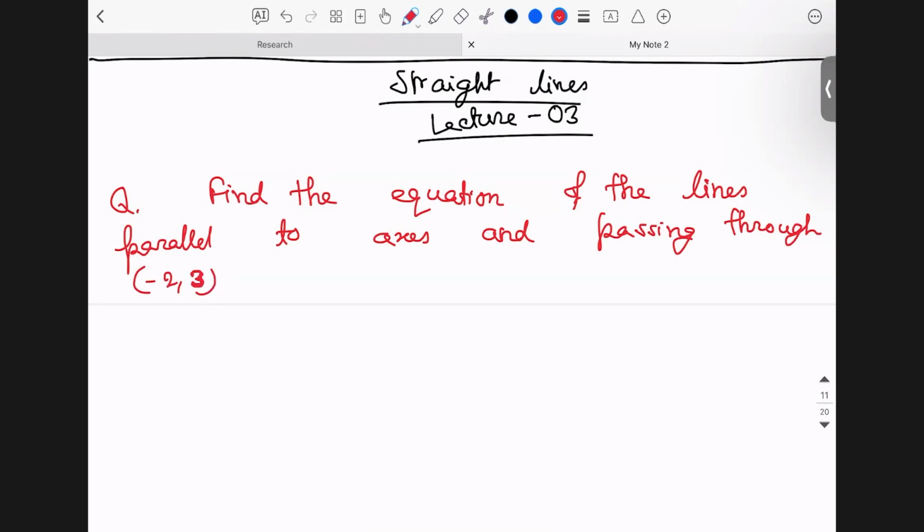So what they have asked is to find the equation of the straight line which is parallel to the axis and passing through the point minus 2 comma 3.